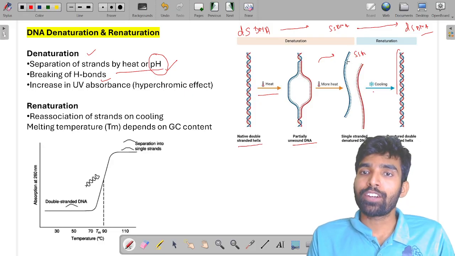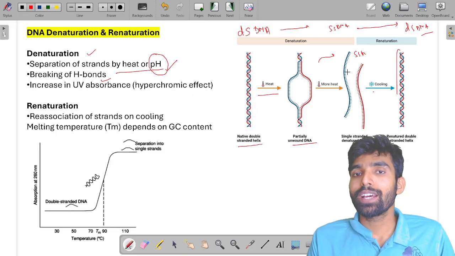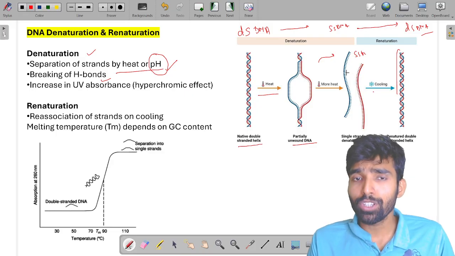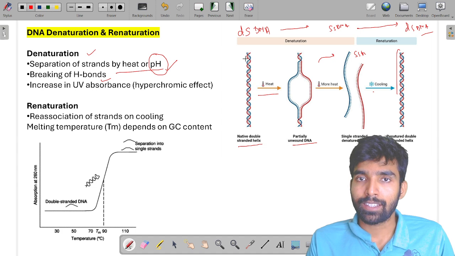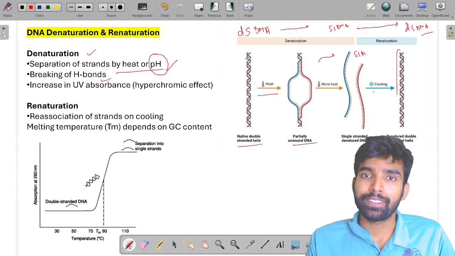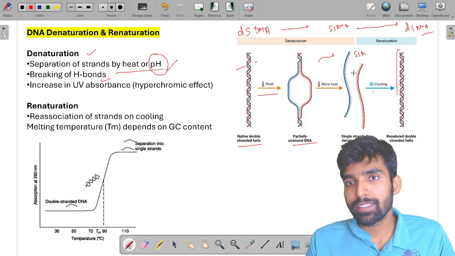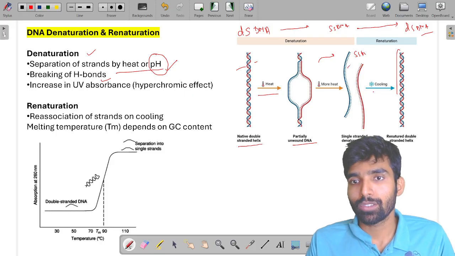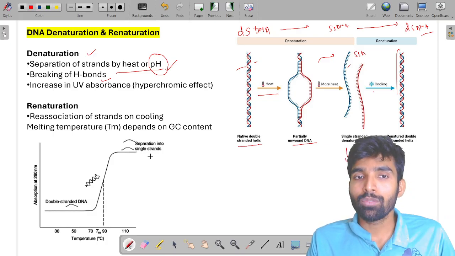Once these two strands are separated, the nitrogenous bases are exposed. As the nitrogenous bases are exposed, they will absorb more UV light. See, here the bases are inside, properly packed, so the UV absorbance will be less. Here the bases are exposed, so the absorption will be more.